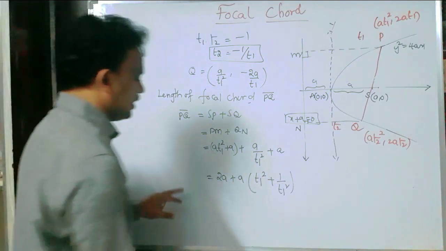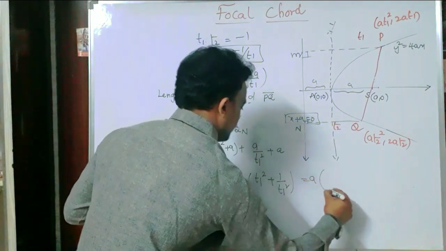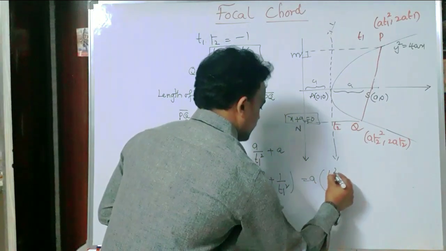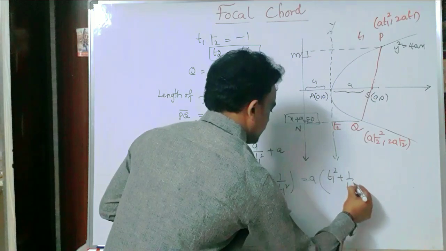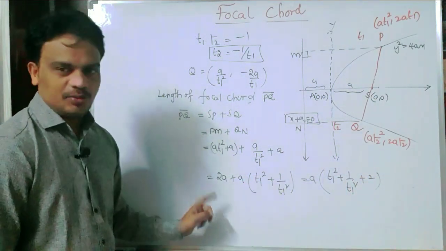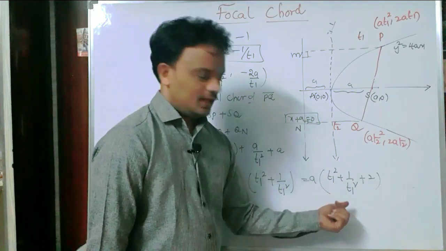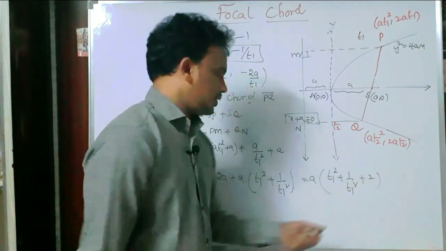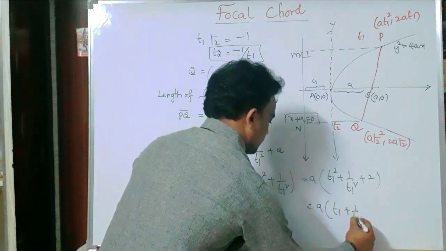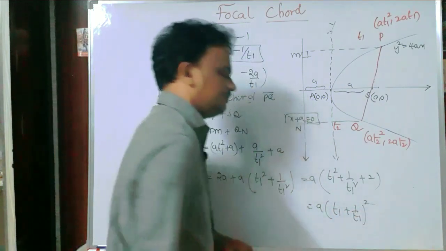Please take out the common a. So it is a of T1 square plus 1 by T1 square plus 2, which is like a square plus b square plus 2ab. So it is a of T1 plus 1 by T1 whole square.